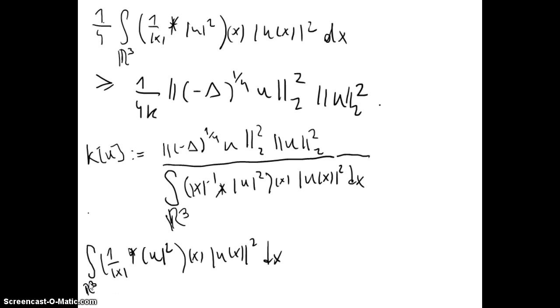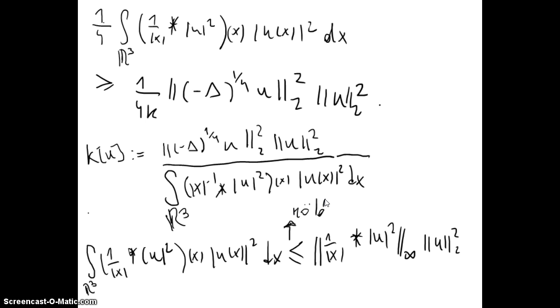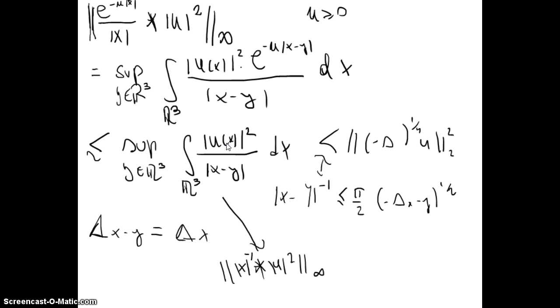So this integral will be less than or equal to the norm infinity of 1 over |x| convolution u squared, multiplied by u squared norm 2. Here we used Euler, just like we did before. Here we have the norm infinity of exactly this, and we bound it by this within a constant.